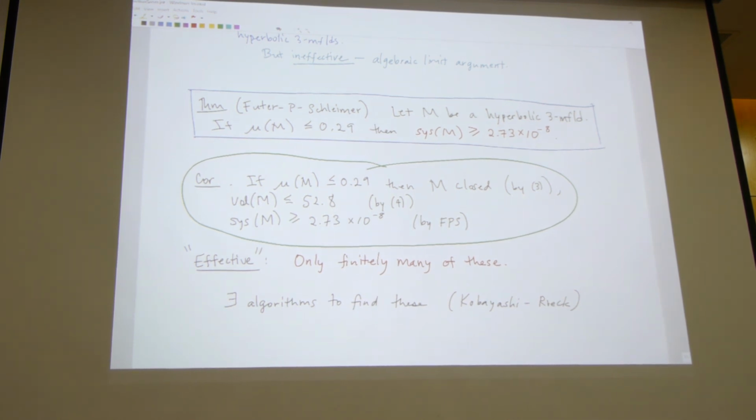Yes, one can list possible links with volume up to 52. Yeah, it lists 17, 18 crossing links. So you're on the order of billions. Yeah, it's pretty big.